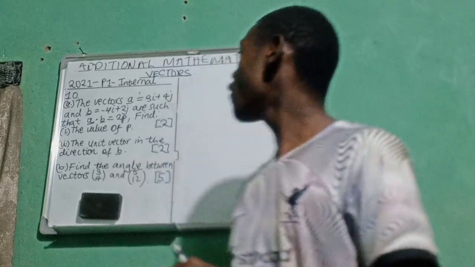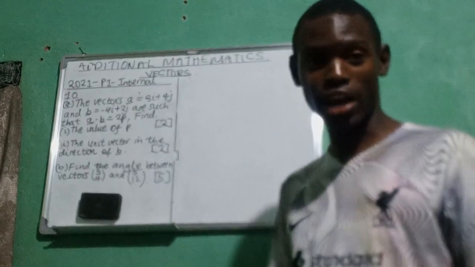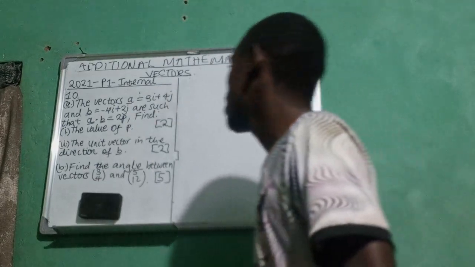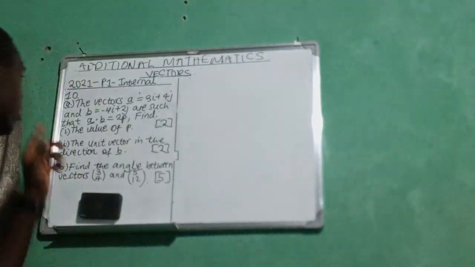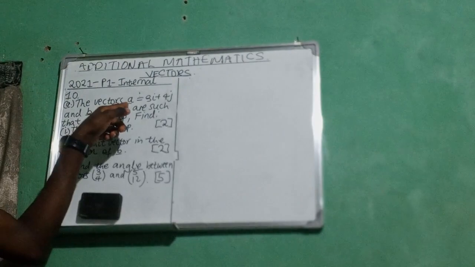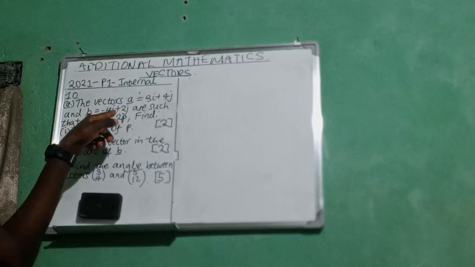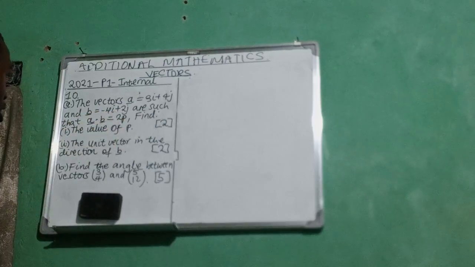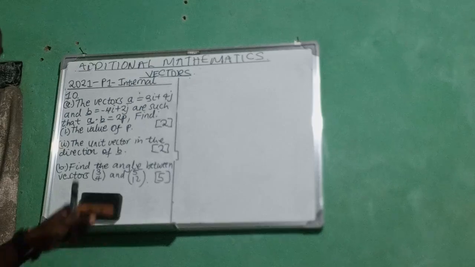In this video, we are looking at 2021 paper 1 internal additional mathematics. Vectors is always question 10, which reads: the vectors A equals 3i plus 4j and B equals negative 4i plus 2j are such that vector A multiplied by vector B is equal to 2p.